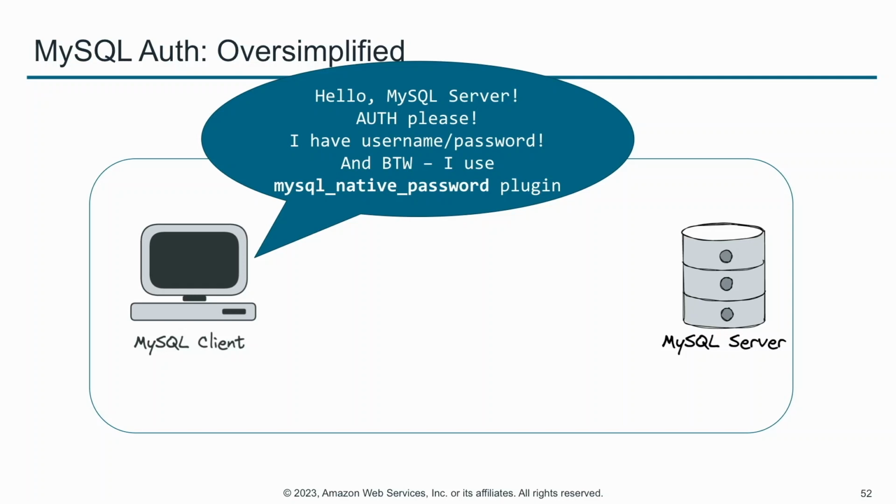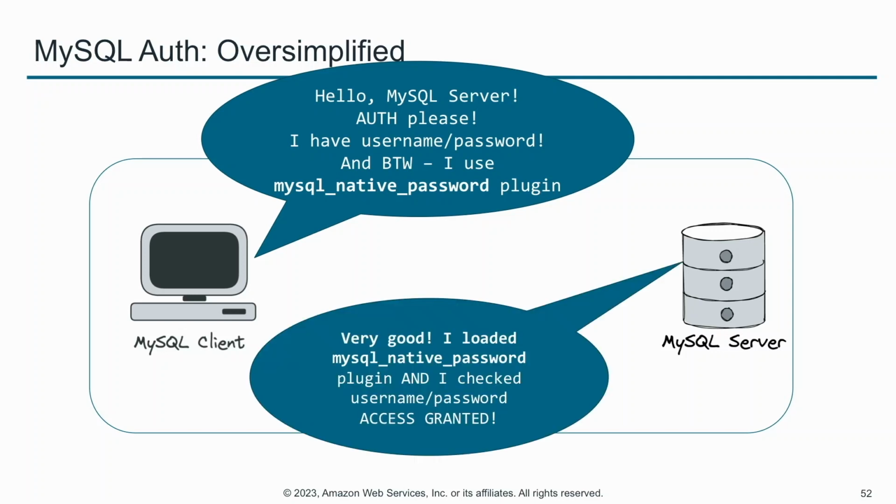In addition, the MySQL client will specify which plugin it will use, usually something like MySQL native password or caching SHA-256. In this case, the client uses the MySQL native password plugin, and it tells the server this username, password, and plugin will be used. So the server will say, very good, I loaded the MySQL native password plugin, and I checked your username and password, access granted.